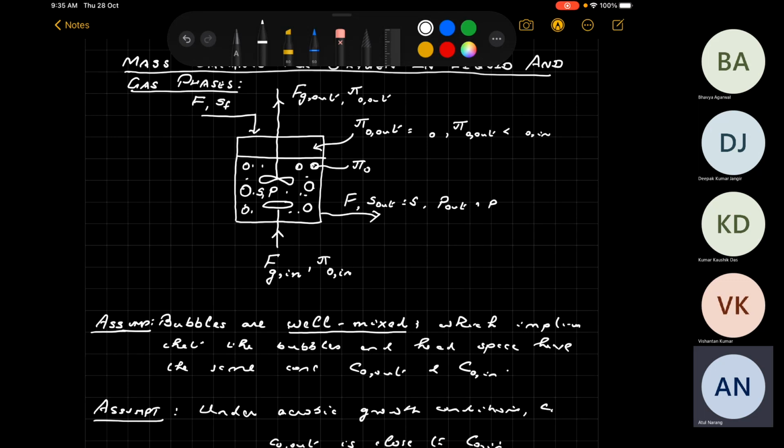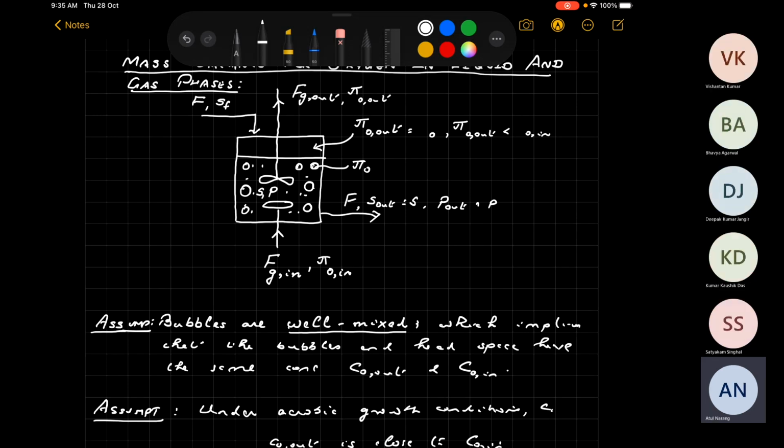The notation that I'm using for the liquid side is the one that I've used before, which is F is the flow rate of the liquid. And as I mentioned last time, in biological reactions, because the density does not change, the flow rate in is equal to the flow rate out.